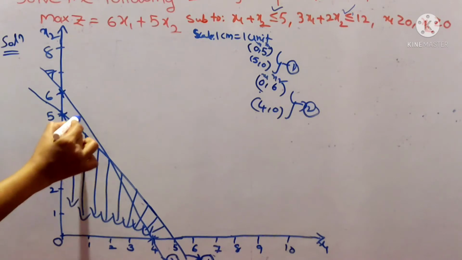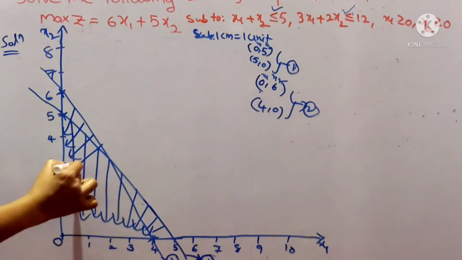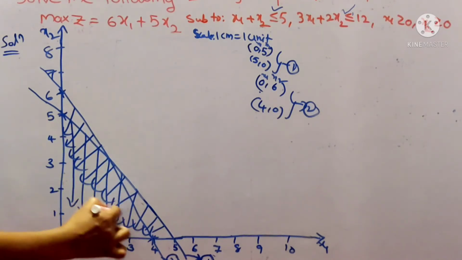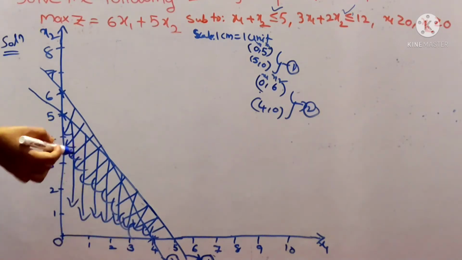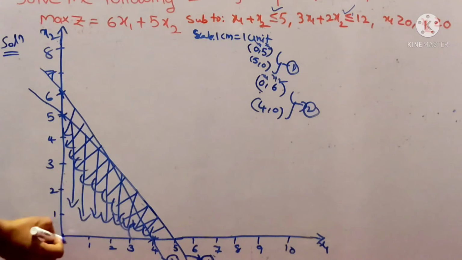For the second constraint, we have to see whether it is less than or equal to or greater than or equal to. Here it is given as less than or equal to, so draw the line towards the origin for the second equation line, or shade the area below the line.